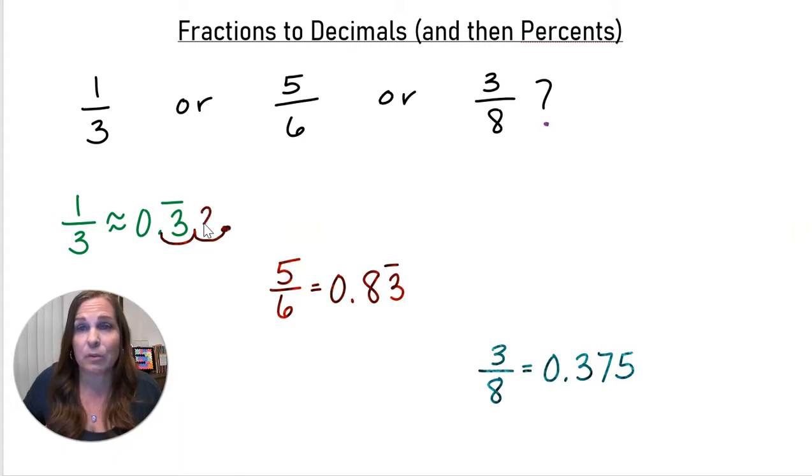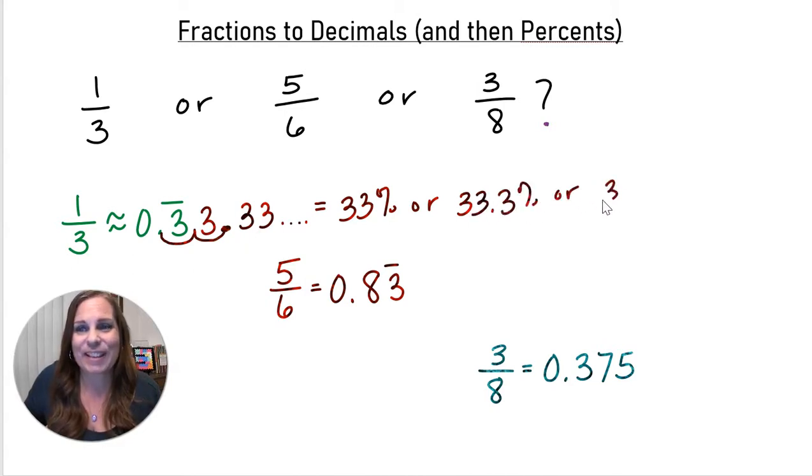So there would be a 3 here, and there would actually be a 3 here and a 3 here, right? It goes on and on. So my percent here would be 33. It depends on how you're rounding it, but you could either say 33% or 33.3% or 33.33%. It just depends on how many decimal places you want to round to.